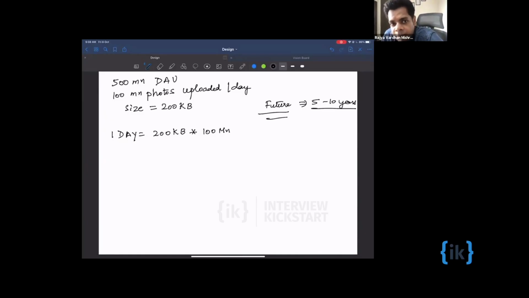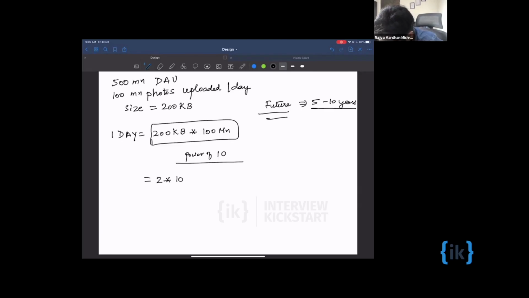The important thing here is that we should be thinking in terms of power of tens. So we will convert this expression into power of tens. So this 200 becomes 2 into 10 to the power 2.